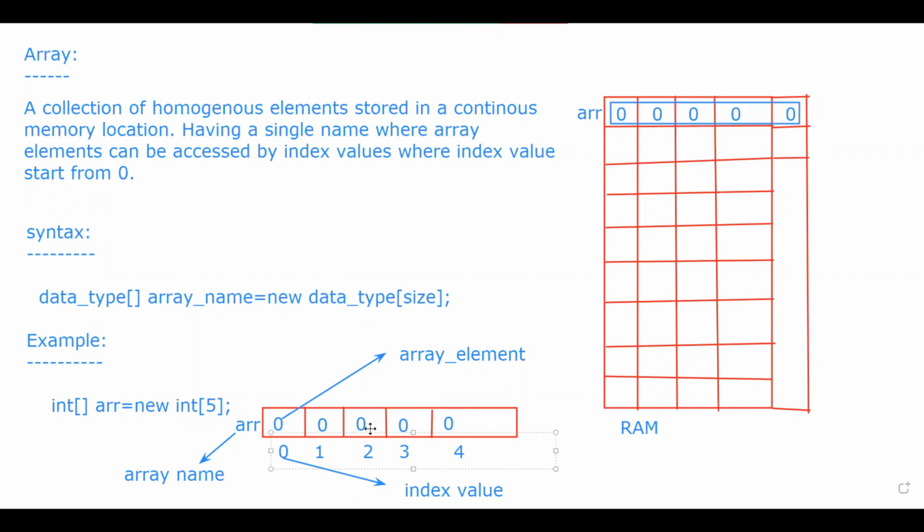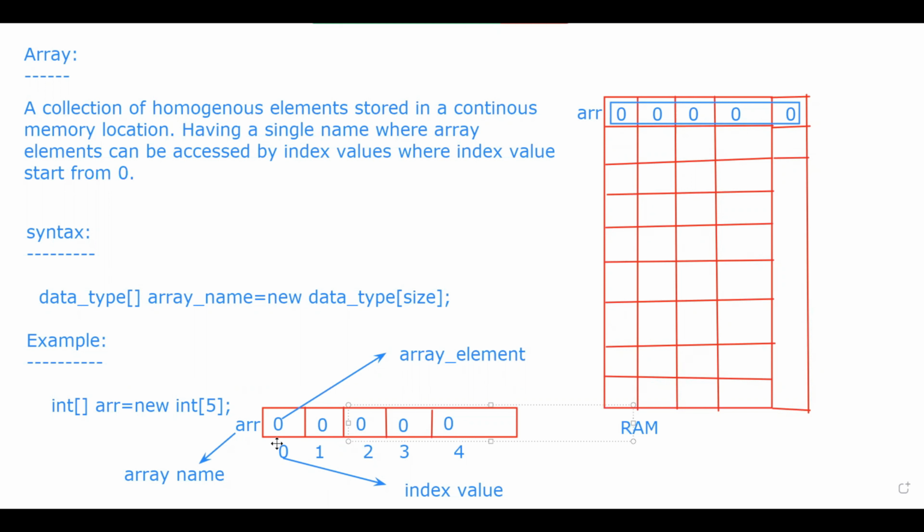To access any element in an array you have to use the index. Note that the index always starts from 0; you cannot start it from 1.